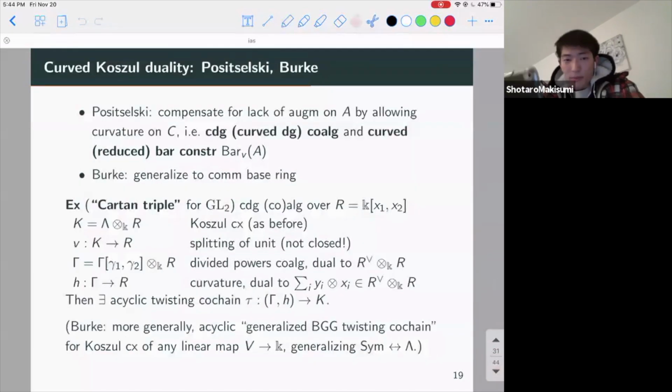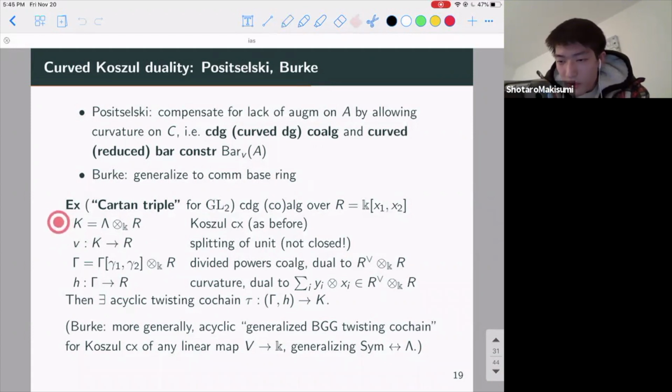And I want to apply this to the Koszul complex. So this is the same Koszul complex from before. But now there's an issue. Remember, in Keller and Lefèvre-Hasegawa's story, there was an augmentation required.